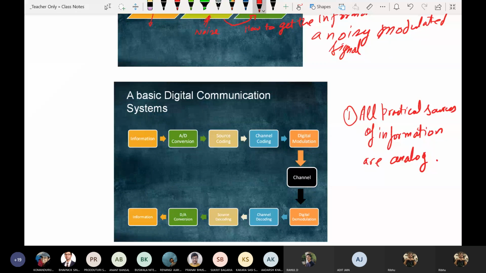Yeah, ants use smell, but we are not designing communication systems for ants.